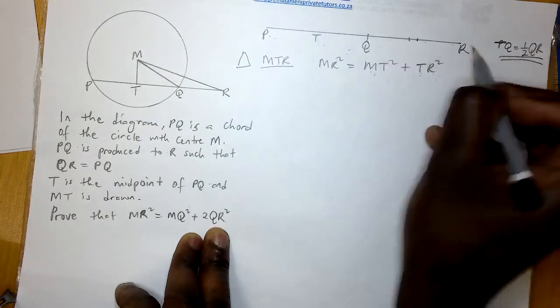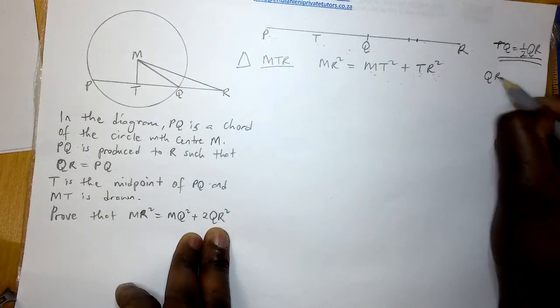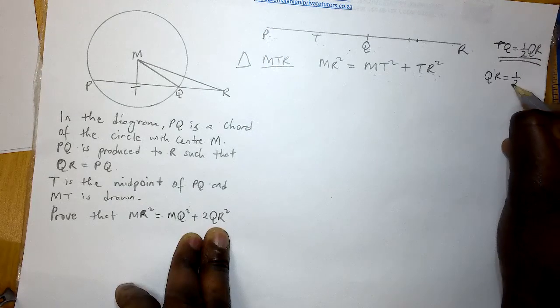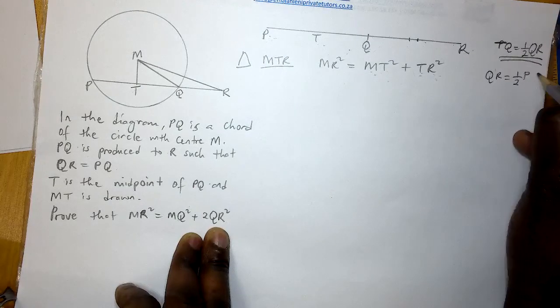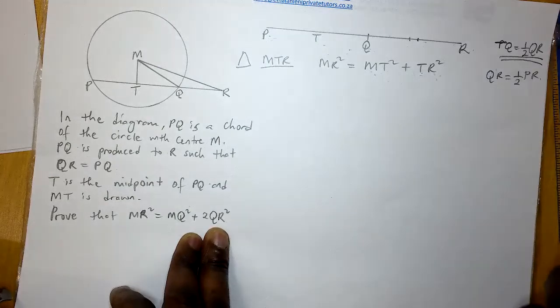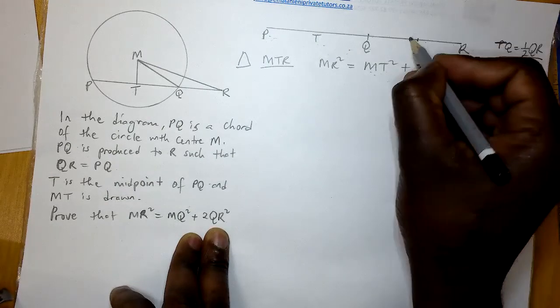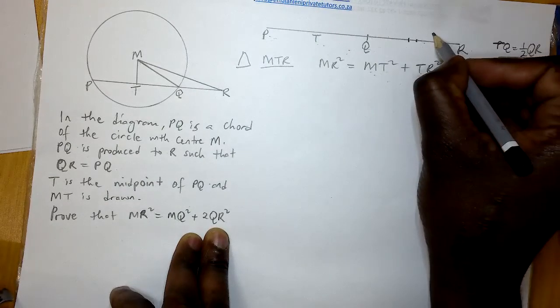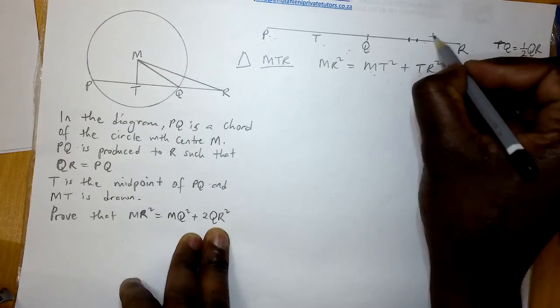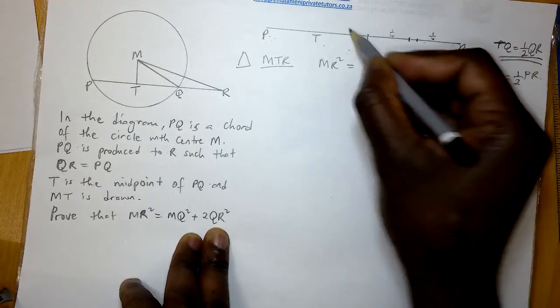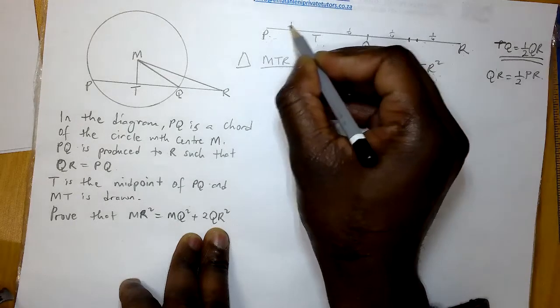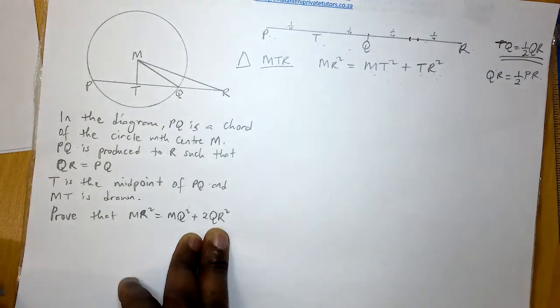So QR is equal to half of PR. But now if we split this, we have 1 over 4, 1 over 4, 1 over 4, 1 over 4. That's what we have here.